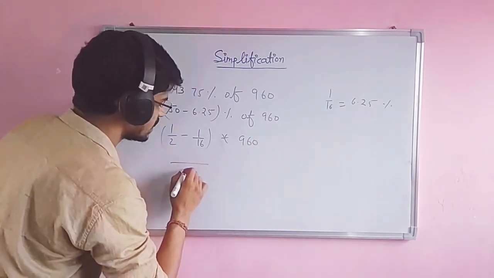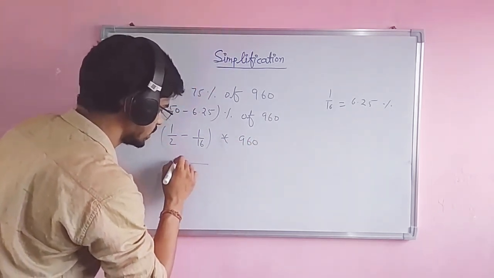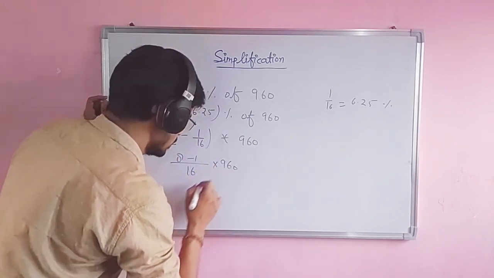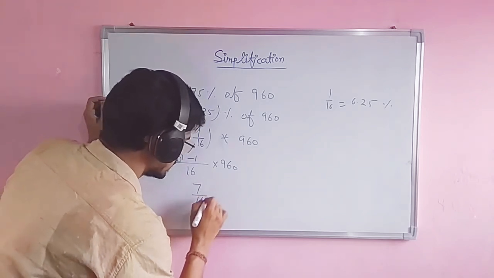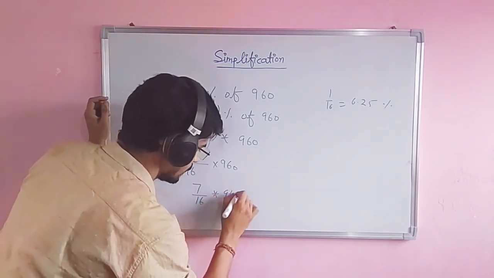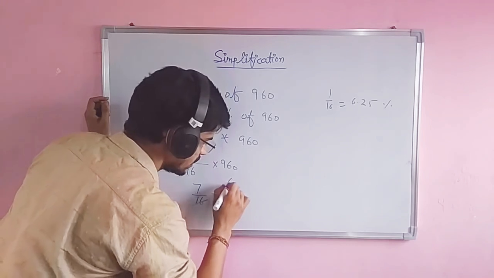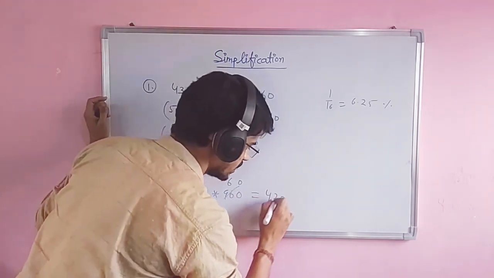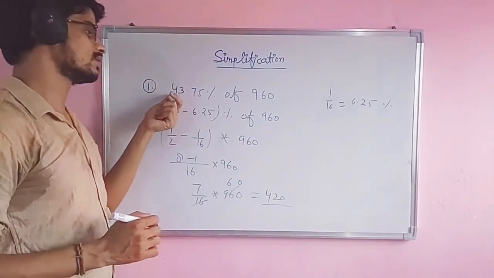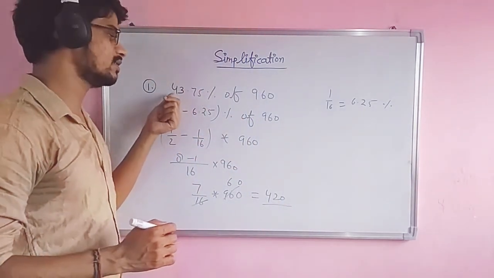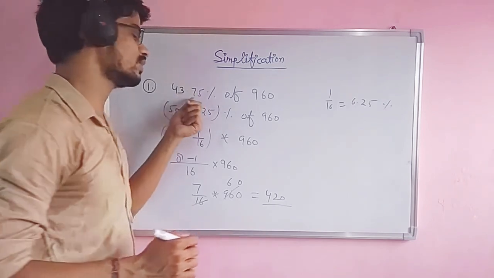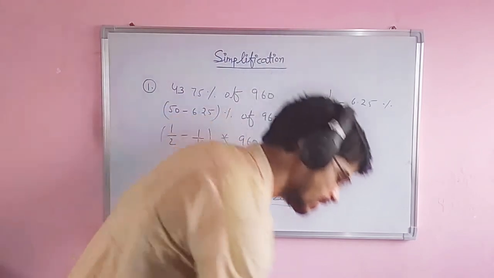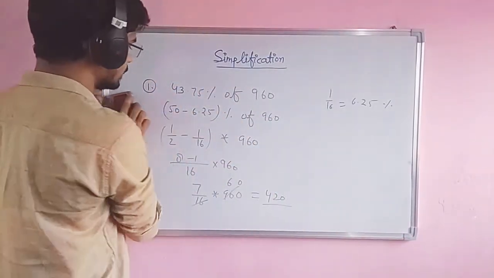I take 16 as the LCM. Here 8 minus 1, multiply by 960. That is 7 divided by 16 multiplied by 960. 16 6s are 960, so 6 7s are 42. That is, we get 420. 43.75 percentage of 960 is 420. Clear? Now next.